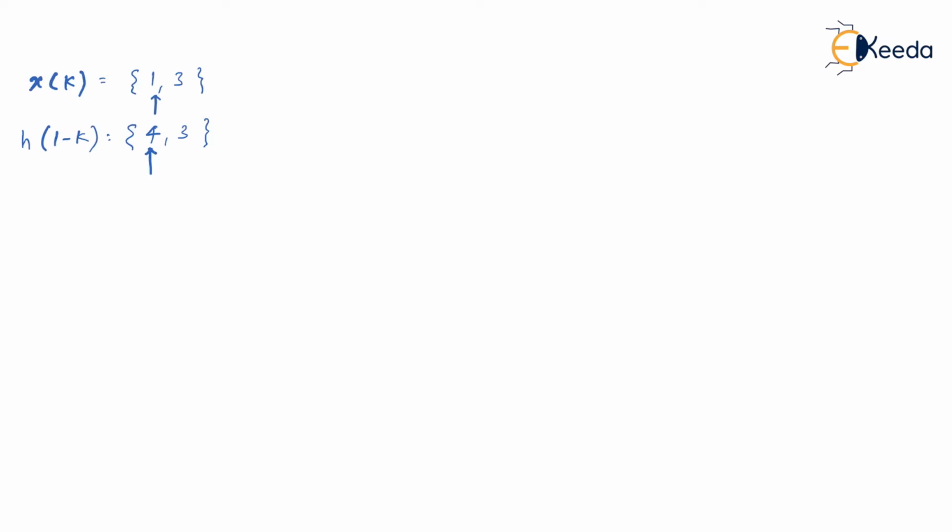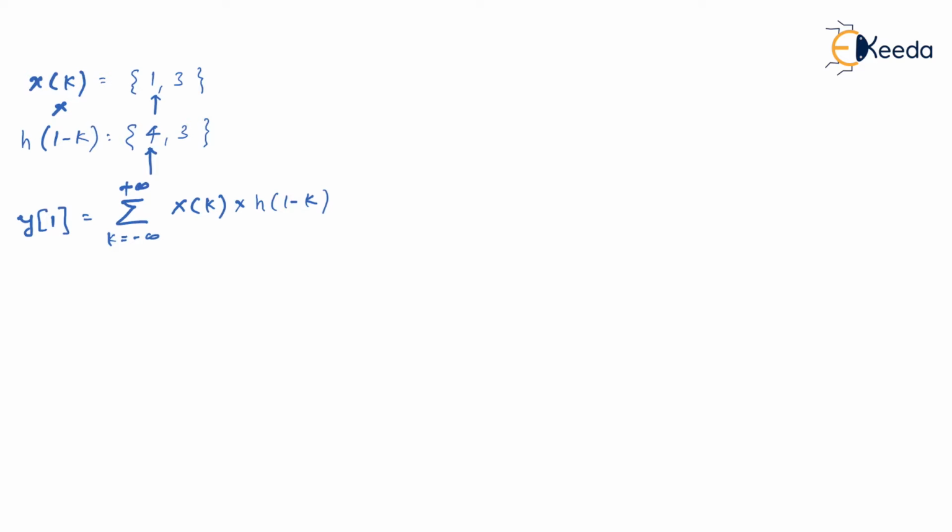Then we know the next step. Now we will be multiplying these two signals. So y of 1 is equal to summation k equal to minus infinity to plus infinity x of k multiplied with h of 1 minus k.